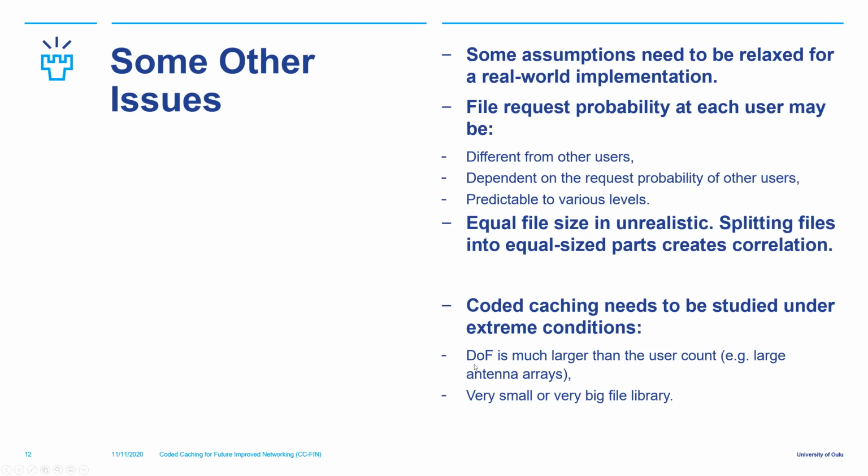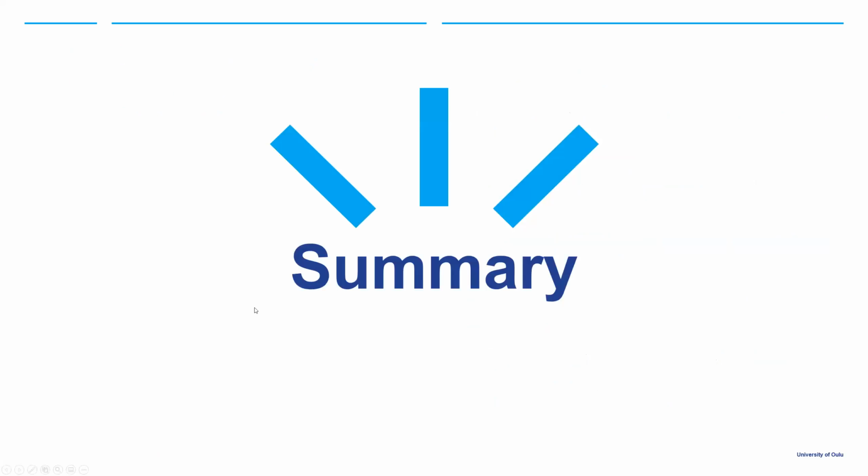For example, when the degree of freedom is much larger than the user count, with very large antenna arrays or massive MIMO, or when there are very few files, just 2-3 files in the library, or millions of files like the YouTube or Netflix library that we want to cache. We should have a solution for these very small or very big file libraries. This is still an open problem.